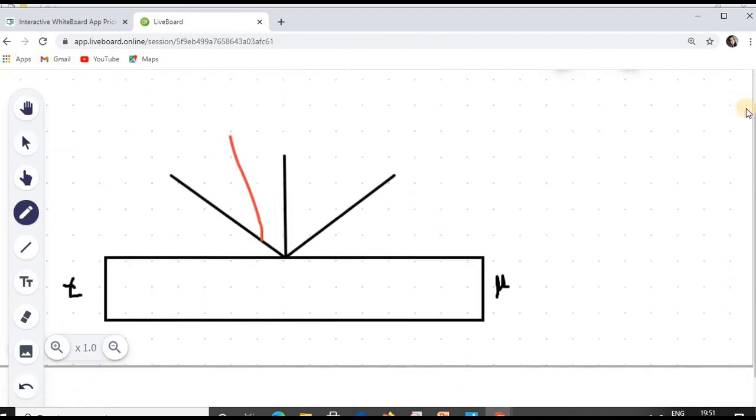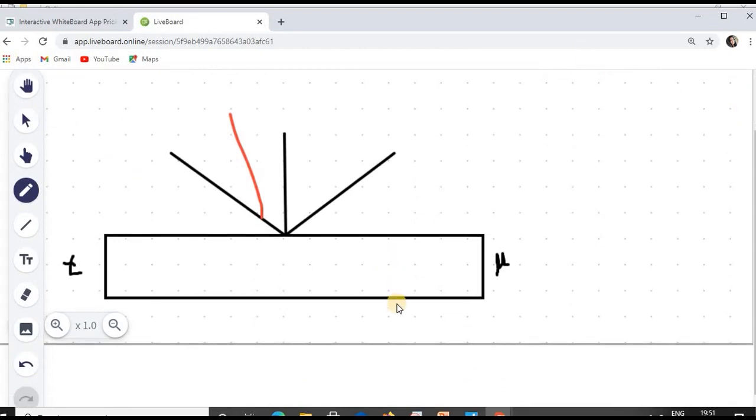I can mention the angle of incidence to be I, and the angle of reflection to be R. This is the incident ray, this is the reflected ray, this is the normal.